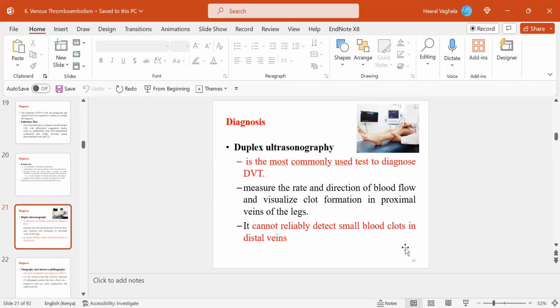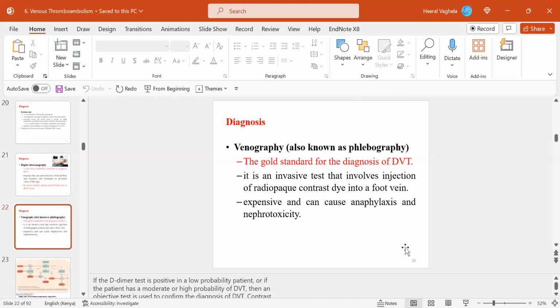The duplex ultrasonography is the mainstay for diagnosing DVT, and it detects the direction of blood flow in the legs. But the disadvantage is that it cannot detect small blood clots in your distal veins.